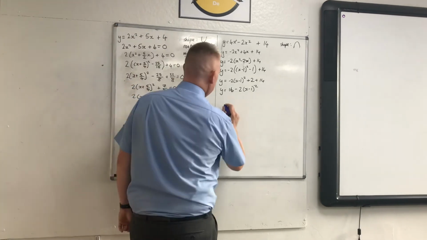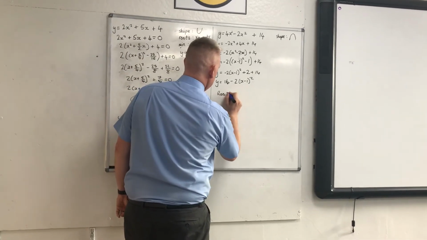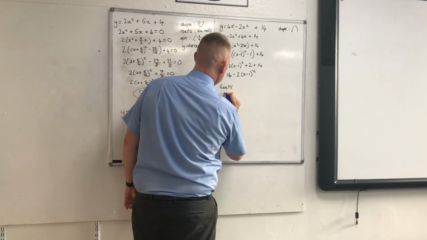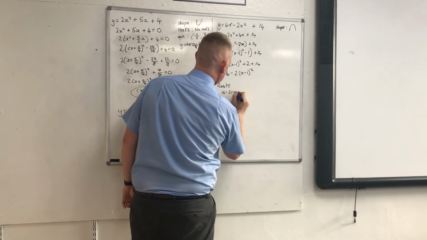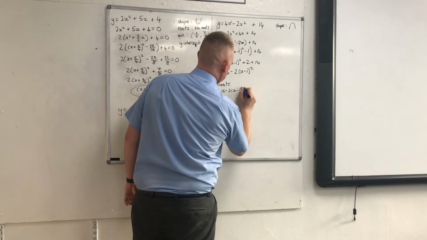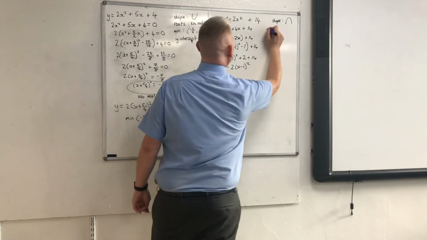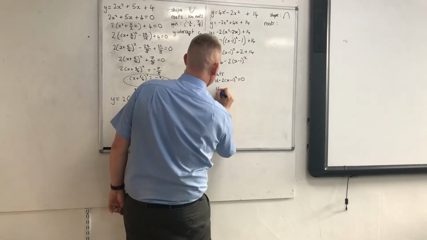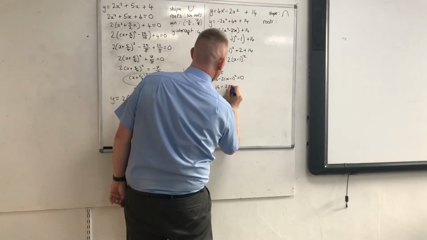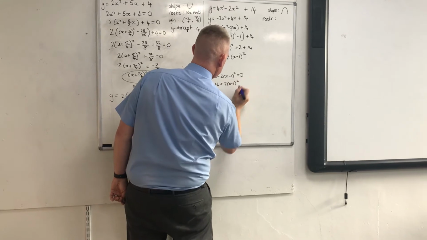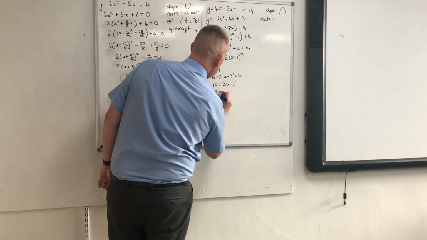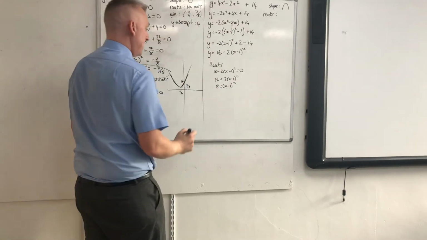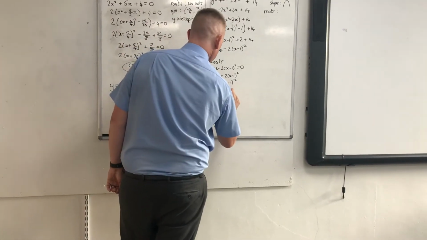Well, that's going to help me with the roots. What are the roots? The roots are going to be when that equals 0. So 16 minus 2 lots of x minus 1 all squared equals 0. So 16 equals 2 lots of x minus 1 squared. 8 equals x minus 1 squared, square root of 8. So that's 2 root 2.